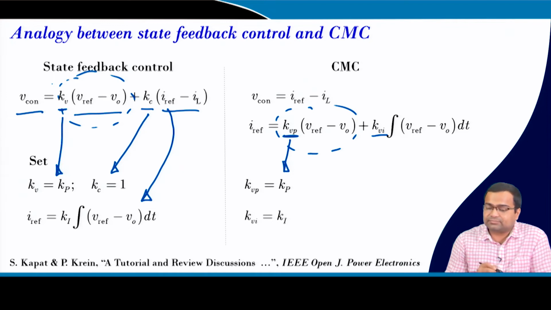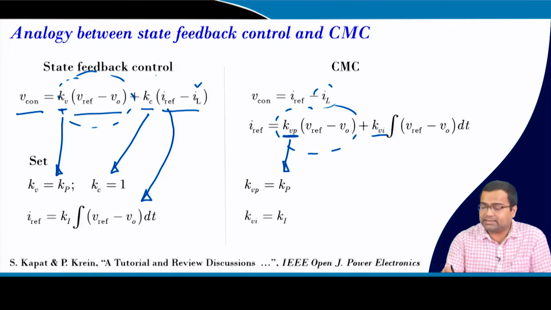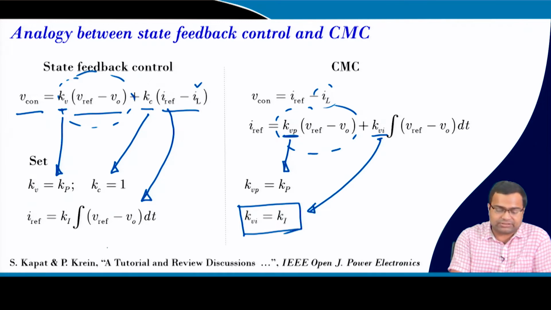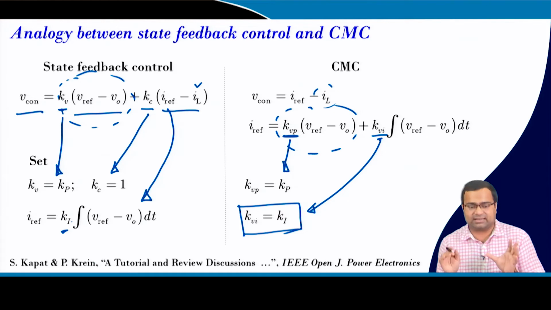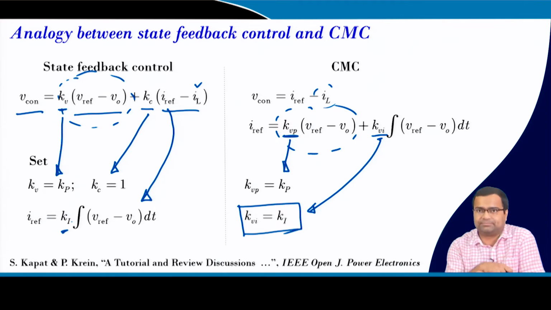Next, IL is already there because we took Kc equal to 1. Next, kVi is set to Ki, because this is the integral gain which is used here. Then both will look identical. That means it is just by taking the right variable and mapping between them.